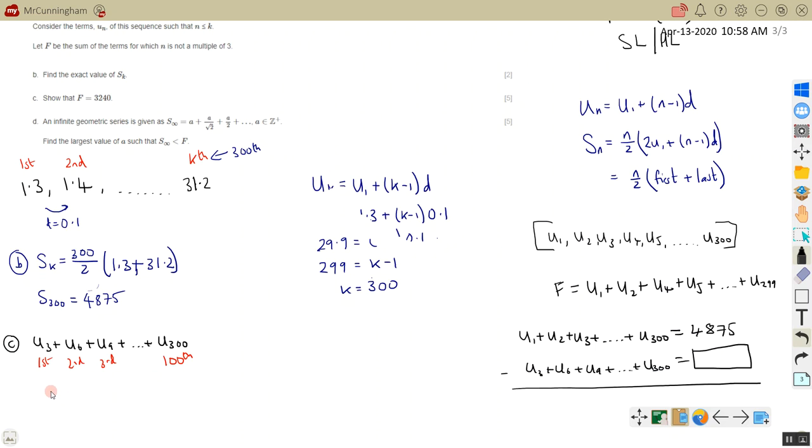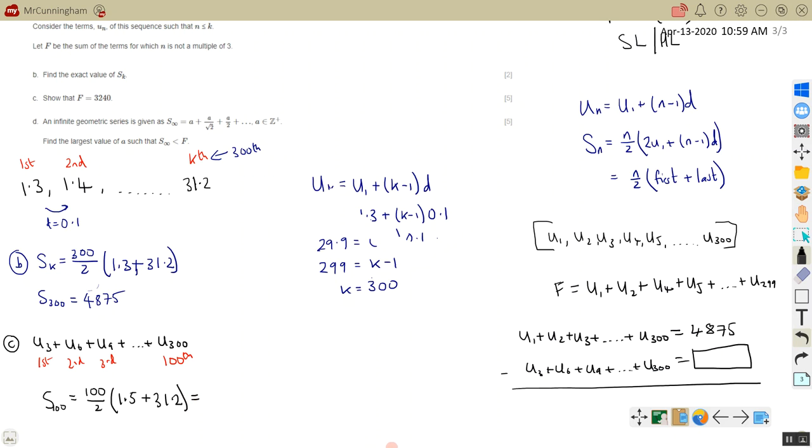So if I want the sum of these 100 terms, it's going to be 100 divided by 2. I'm going to use this formula again. The first number is u3, and u3 is going to be 1.5. The last term is 31.2.